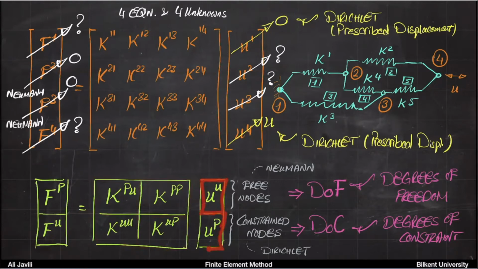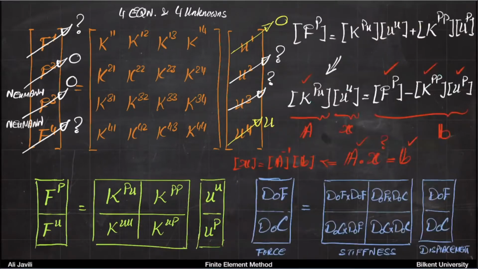All of the nodes for which you prescribe the displacement come at the bottom. So the nodes on top are degrees of freedom, and we call these degrees of constraint, basically. If you do that, then using the static condensation method, you can rearrange the terms, and then you get to this little system, and we call this the reduced system.